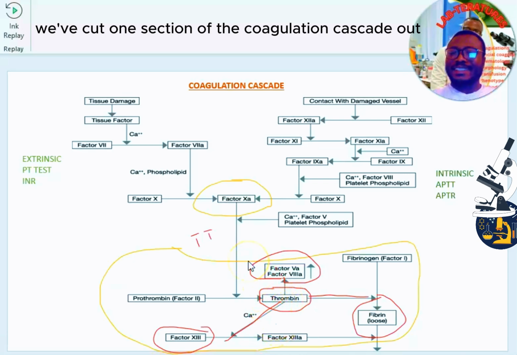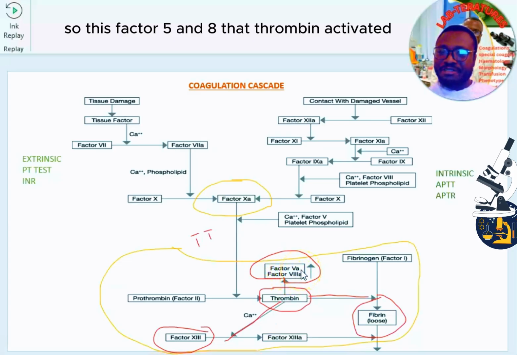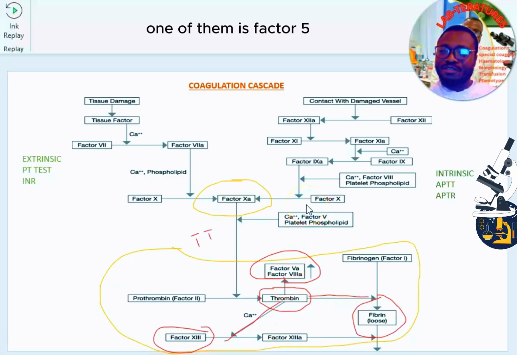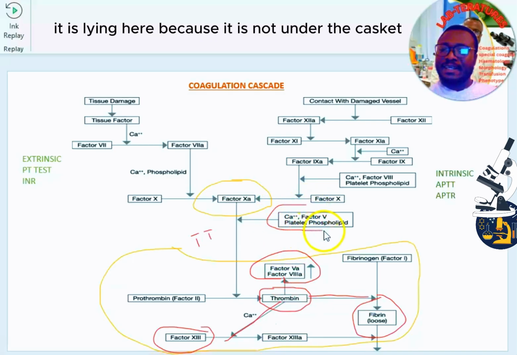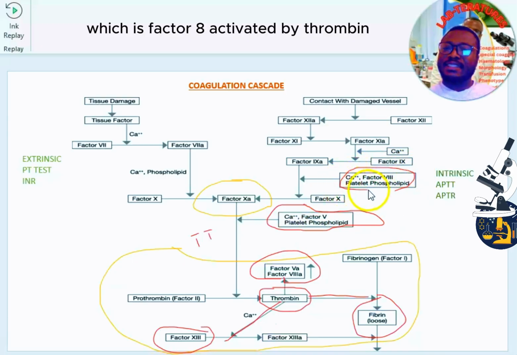We've cut one section of the coagulation cascade out in a meaningful way. So these factors 5 and 8 that thrombin activated have been placed here. One of them is factor 5. It is lying here because it is not under the cascade. It is on its own, activated by thrombin. Now I have another circle to mark, which is factor 8, activated by thrombin.